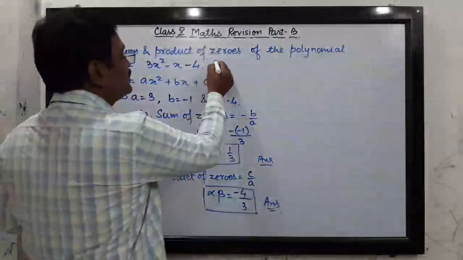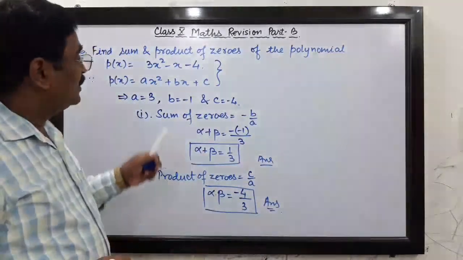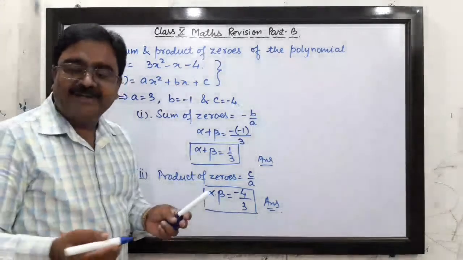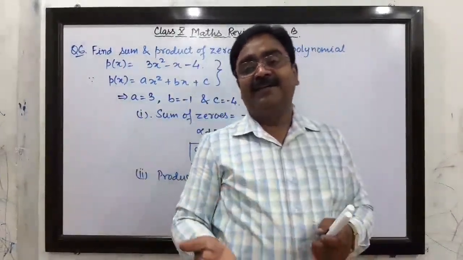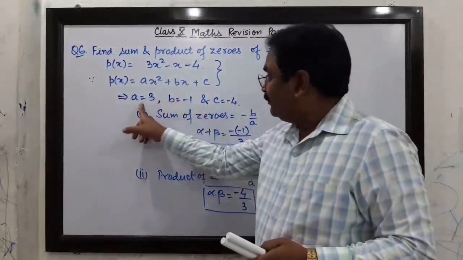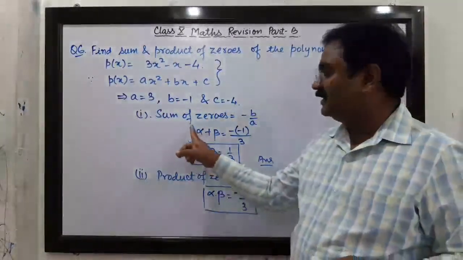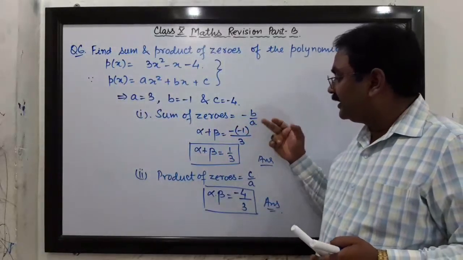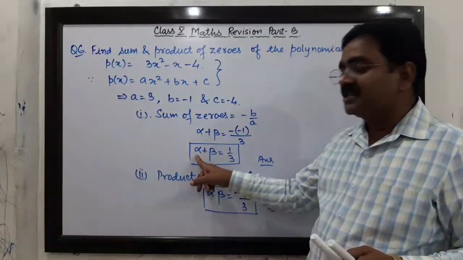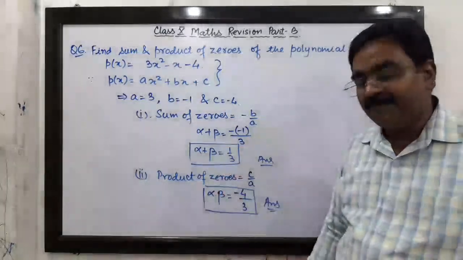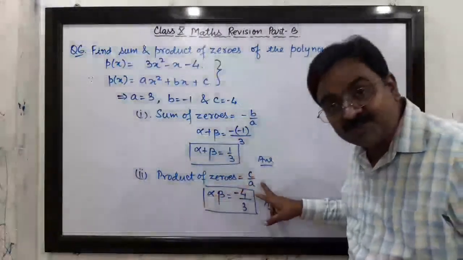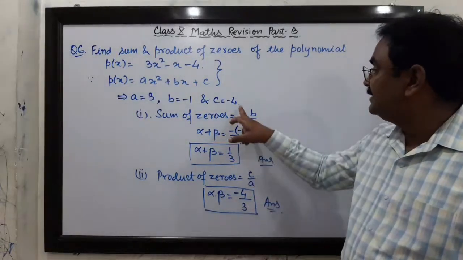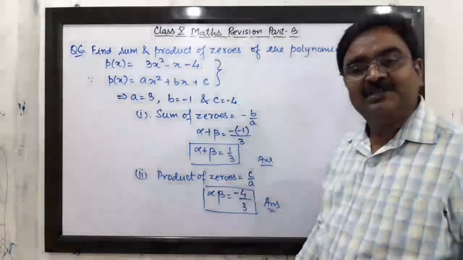After comparison, the values of a, b and c are clearly visible. After finding a, b and c, apply the formula: sum of zeros is minus b upon a. Substituting the values, alpha plus beta is equal to 1 upon 3, and product of zeros, alpha into beta, is equal to c upon a, which is minus 4 upon 3, as c is minus 4 and a was 3.